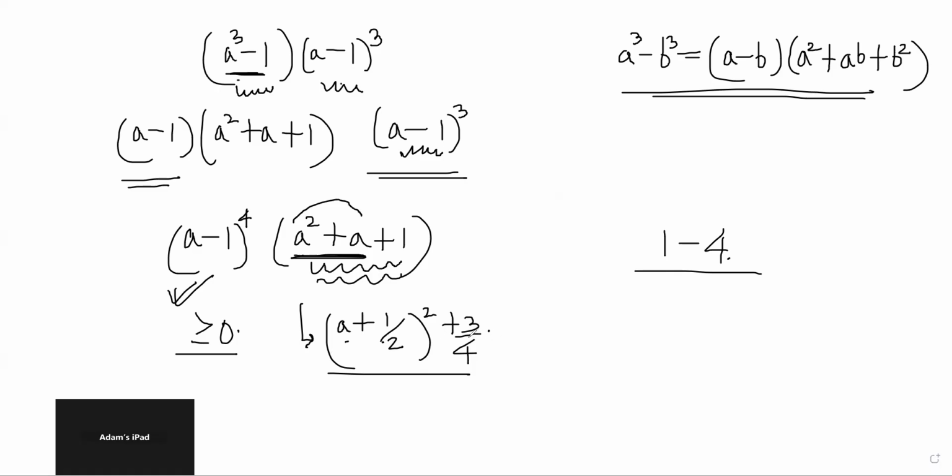So clearly this is greater than 3 by 4. So this is positive, this is positive, and therefore this is positive. And the question is done because we needed to prove that big sixth degree thing was positive.